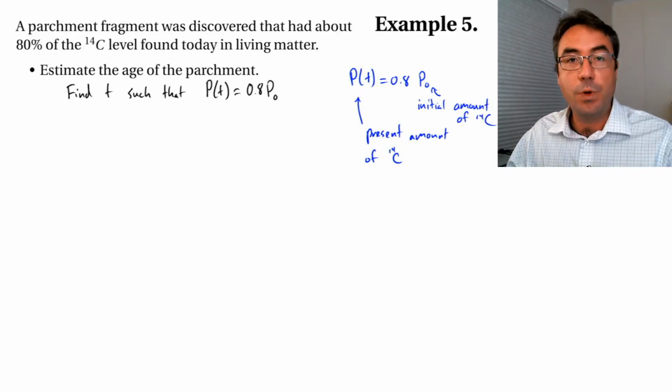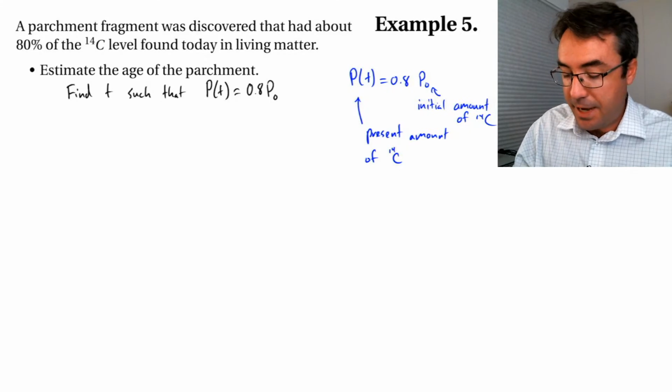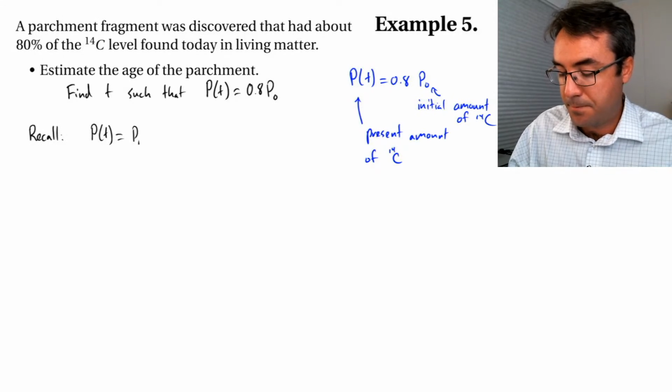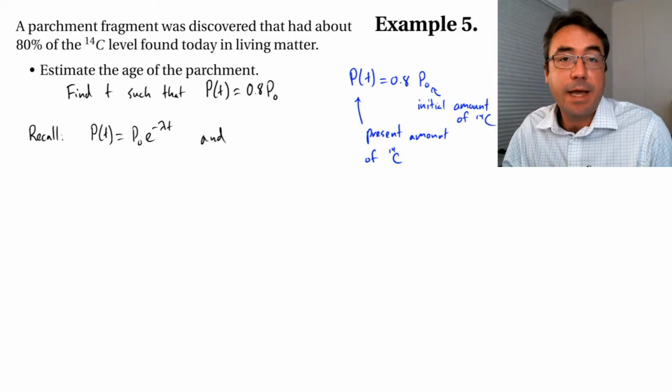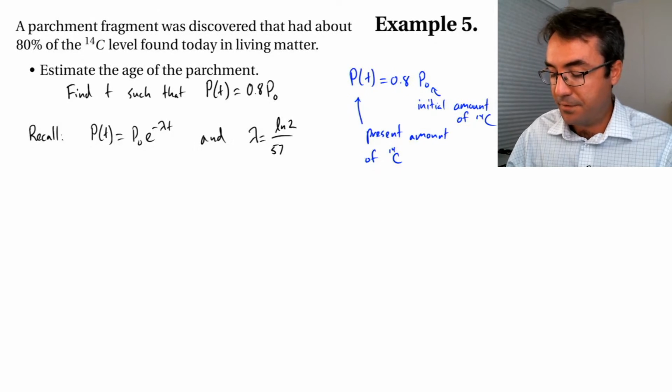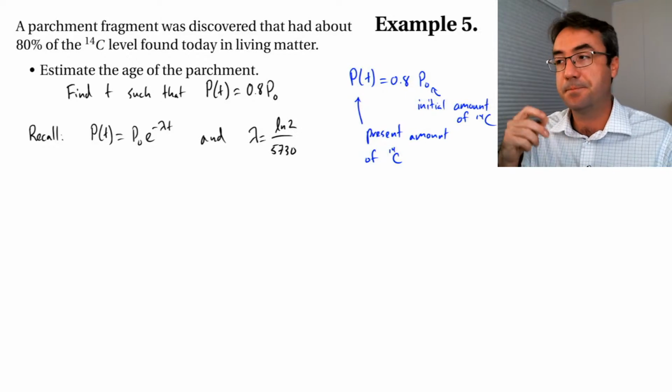And we know it's undergoing radioactive decay. So let's write down our radioactive decay formula. And we also figured out what lambda is for carbon-14. So we know lambda is natural log 2 over 5,730.